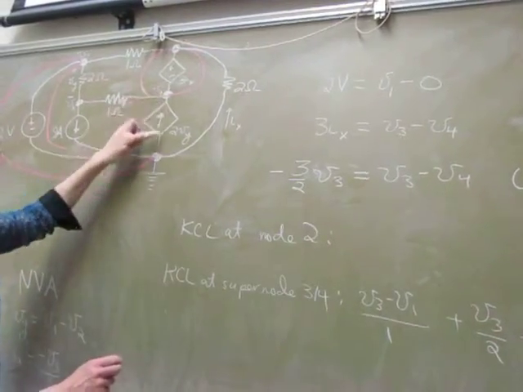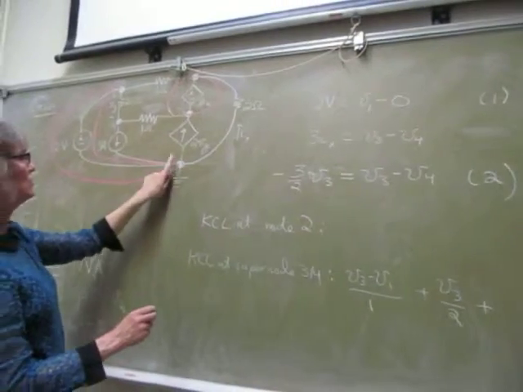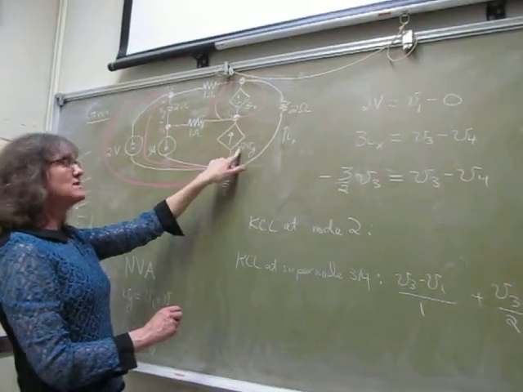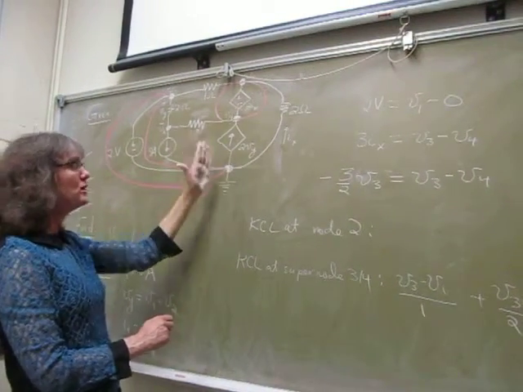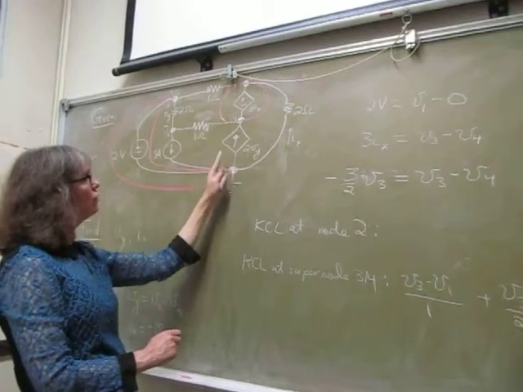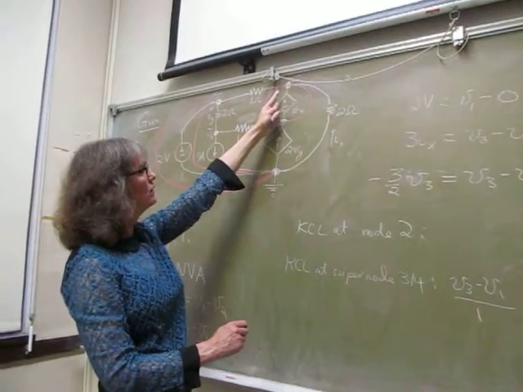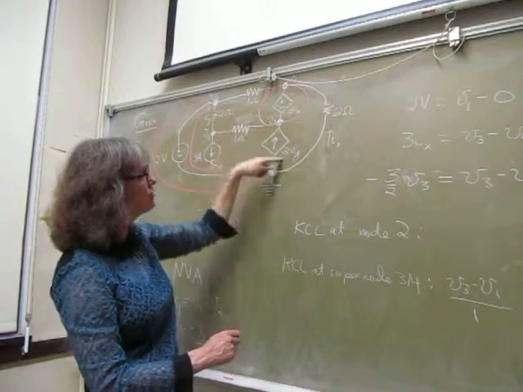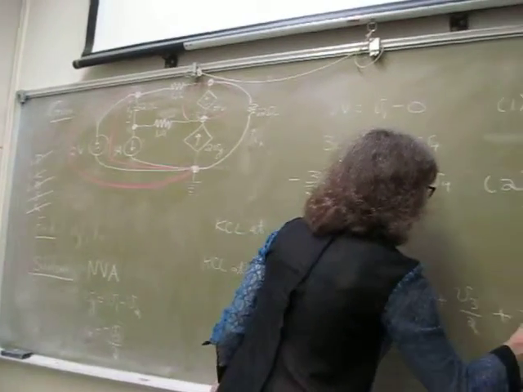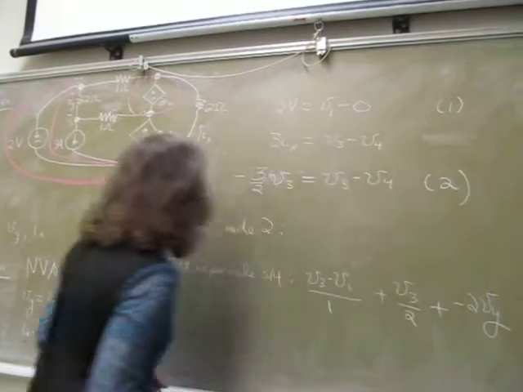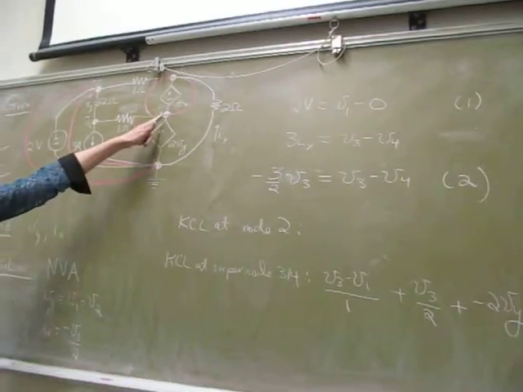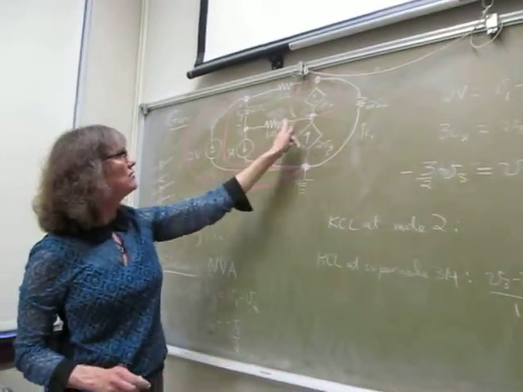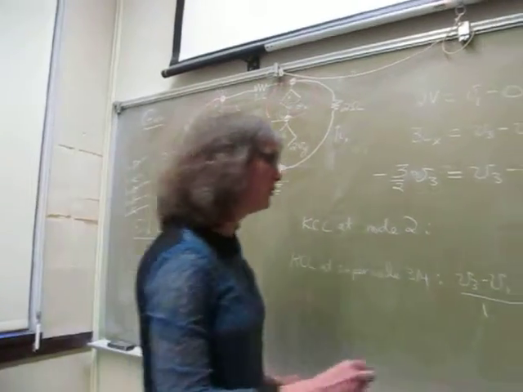Remember, this is a voltage-controlled current source, but it's a current. So we've got a current going into the supernode. So that means the current leaving it is the negative of that. So it's minus 2 Vy. And then the last branch here, the current leaving this is V4 minus V2 over 1.